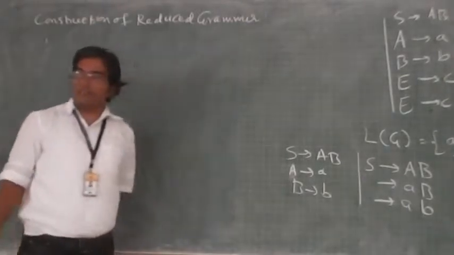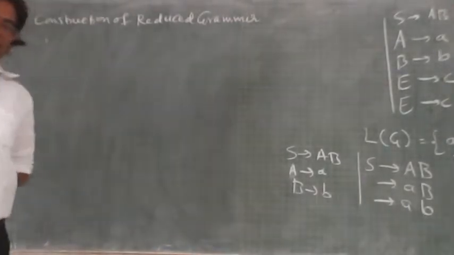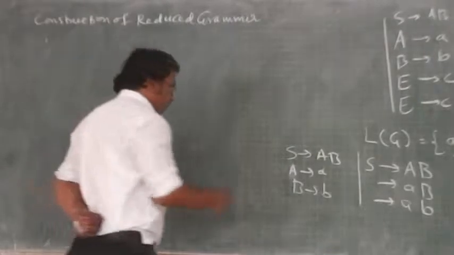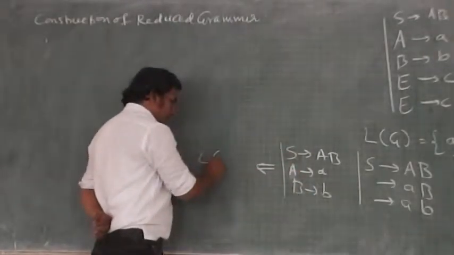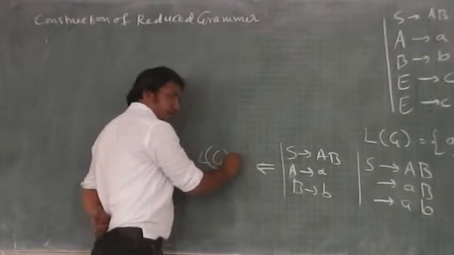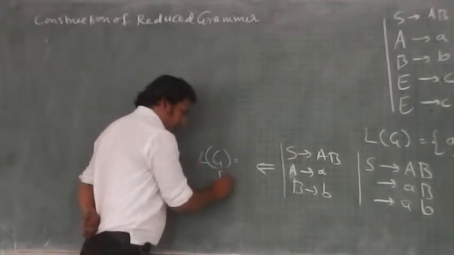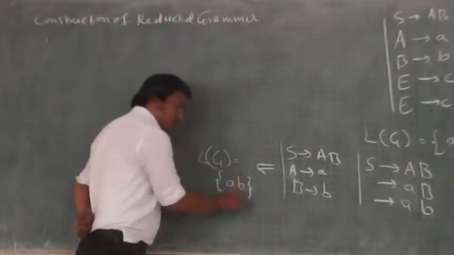These are the only three productions involved. So this grammar is really generating the language including only one sentence, that is ab.